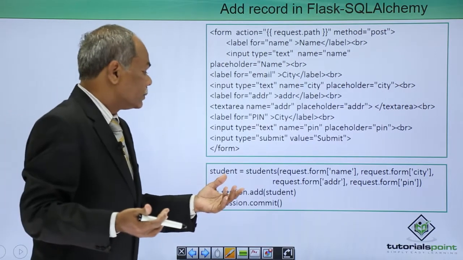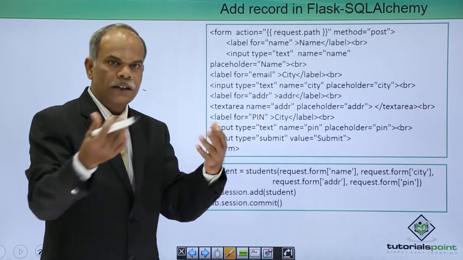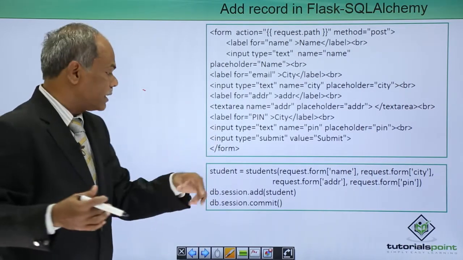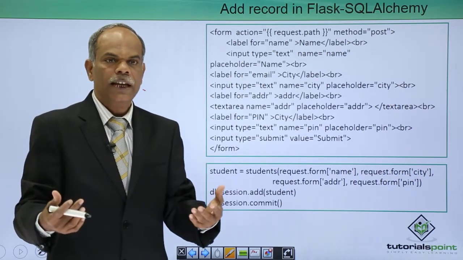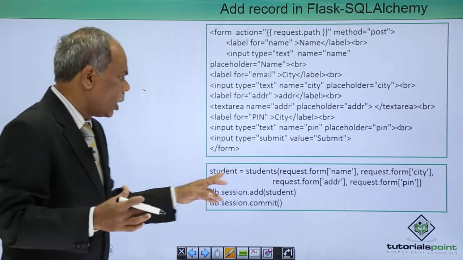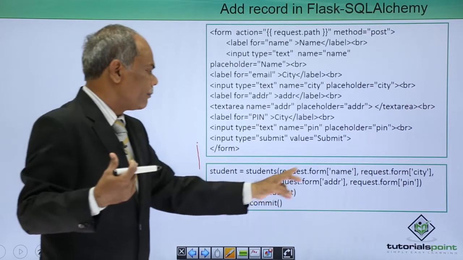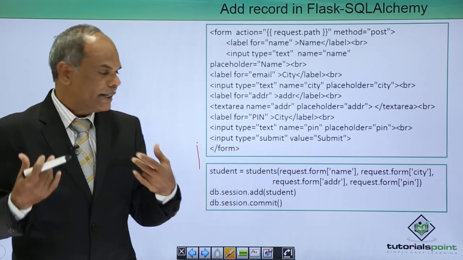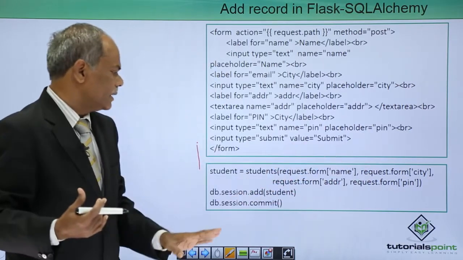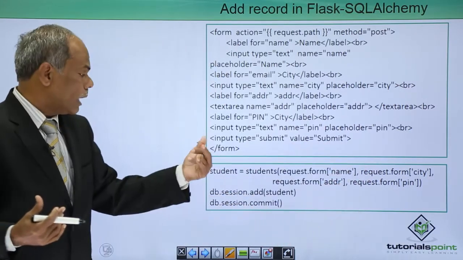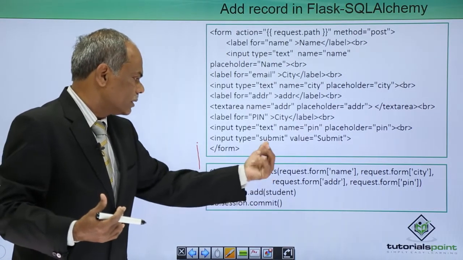When the form is opened for the first time, that will be a GET request. When it is posted, the URL will be visited with the POST method, in which case all the data posted by this form will be extracted by request.form. Collect all that data, request.form for name, city, pin code and address. Use that data as the arguments for an object of the Students class: student equals Students with 4 parameters.